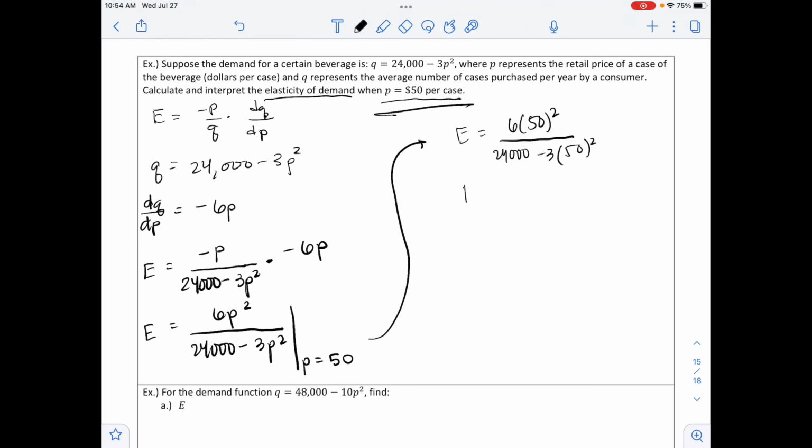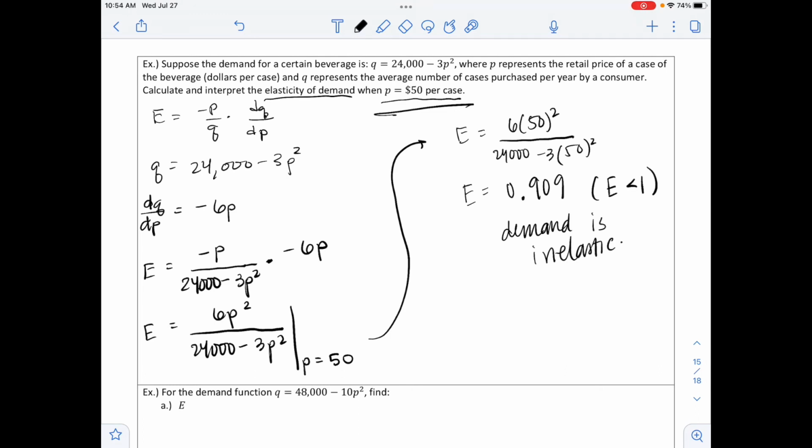And working this out, we get E is equal to 0.909. And so E is less than 1. And when E is less than 1, the demand is inelastic.